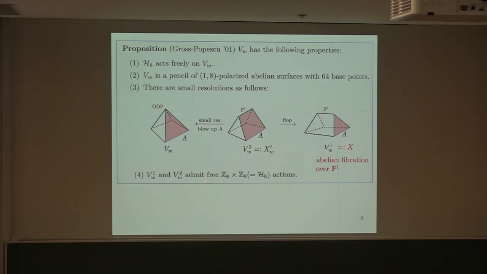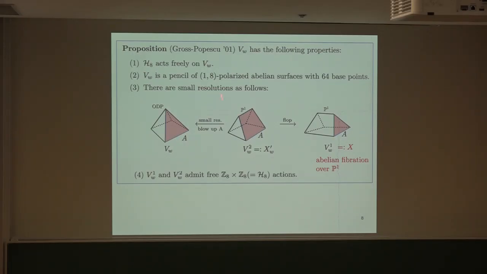The point is that after blowing up, originally this similar Calabi-Yau has a free Heisenberg action, and after blowing up, this action naturally extends to a free Heisenberg action. Both smooth Calabi-Yau threefolds are with free action coming from Heisenberg. That's the result.